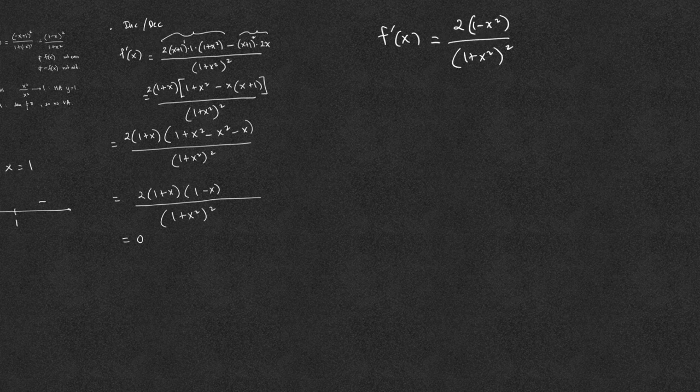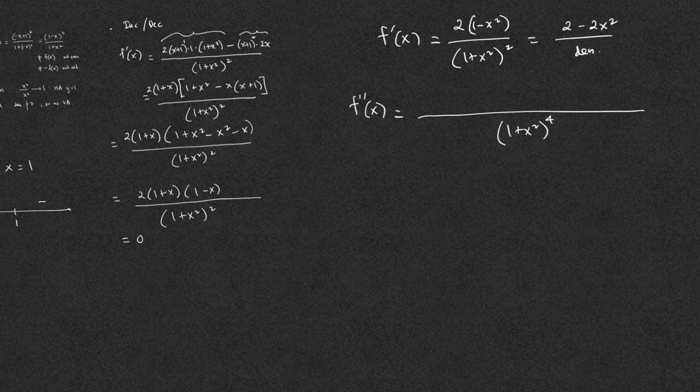Using the quotient rule, we square the denominator, 1 plus x squared squared, which is 1 plus x squared to the 4th power. Then we differentiate the numerator, which is now 2 minus 2x squared. The derivative of 2 minus 2x squared is negative 4x.